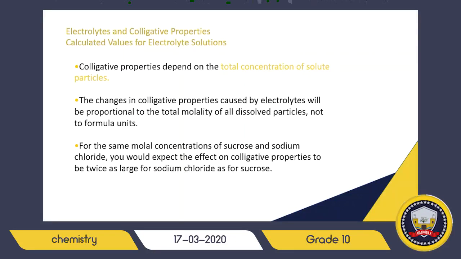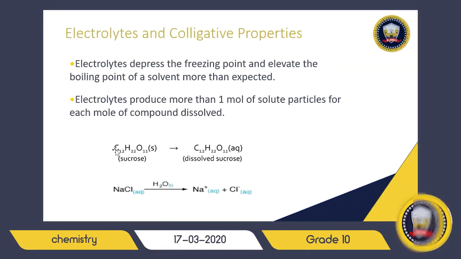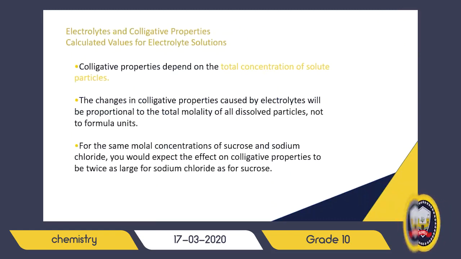For the same molar concentration of saccharose and sodium chloride, you would expect the effect on colligative properties to be twice as large for sodium chloride as for saccharose, because 1 mole of saccharose will yield 1 mole of saccharose again, while 1 mole of sodium chloride will yield more than 1 mole of particles. In this case, it will yield 2 moles of ions.